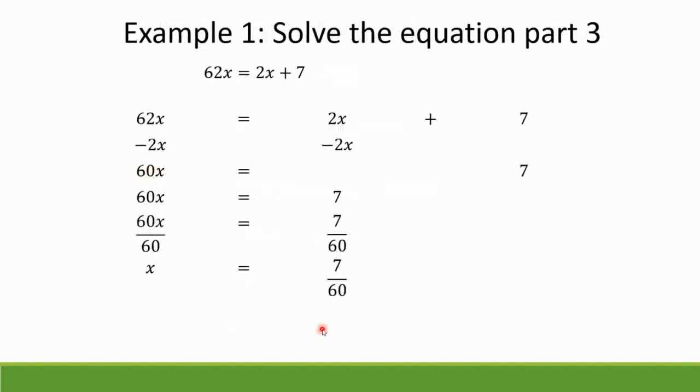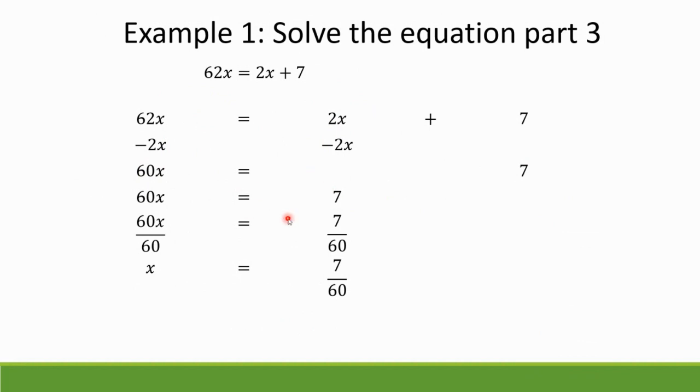So let's get x all alone. We're going to subtract 2x from both sides. We get 60x equals 7.